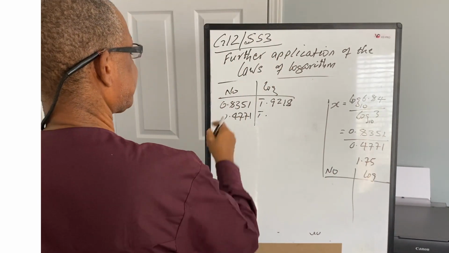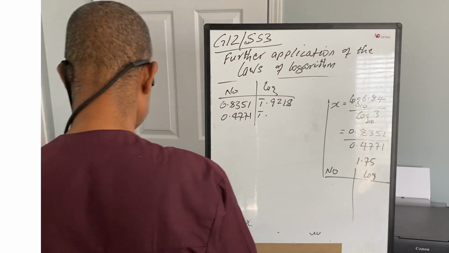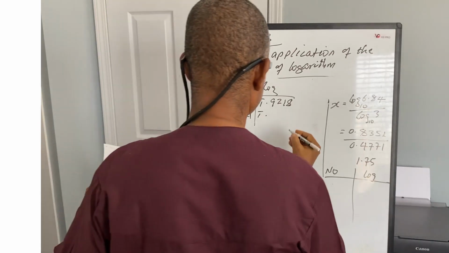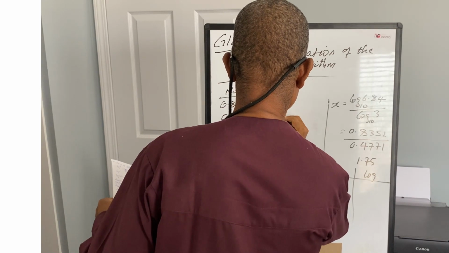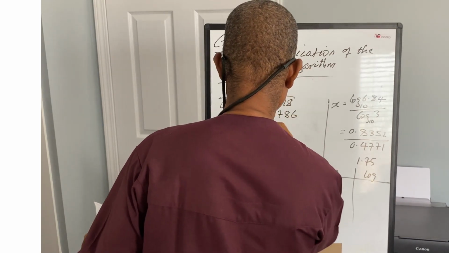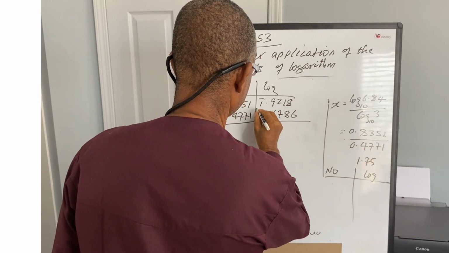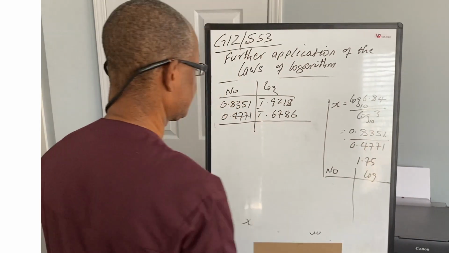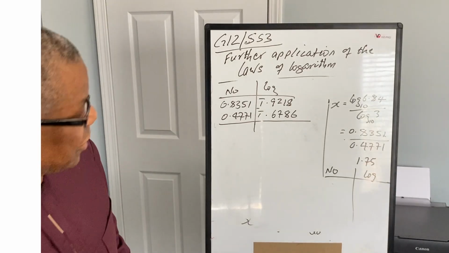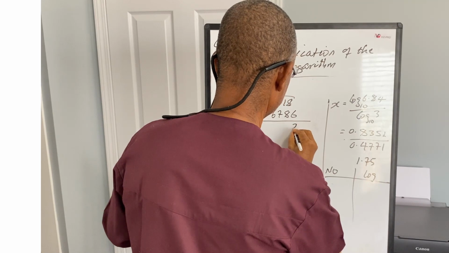That is 83 under 5 difference 1. And 47 under 7 difference 1 will give you 6786. And remember, this is division, you subtract. And when you subtract, that will give you 8 minus 6 is 2.